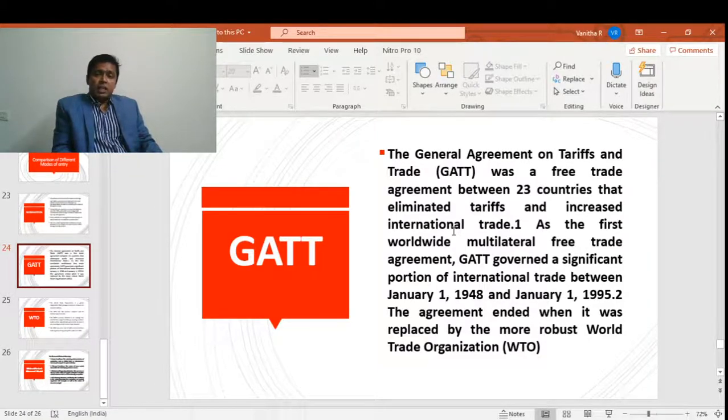So this ratio gave them, in the longer term, in the shorter term, it was a win-win situation. But later, it happened that you import a lot, though you do not have the demand in your country, but export less.